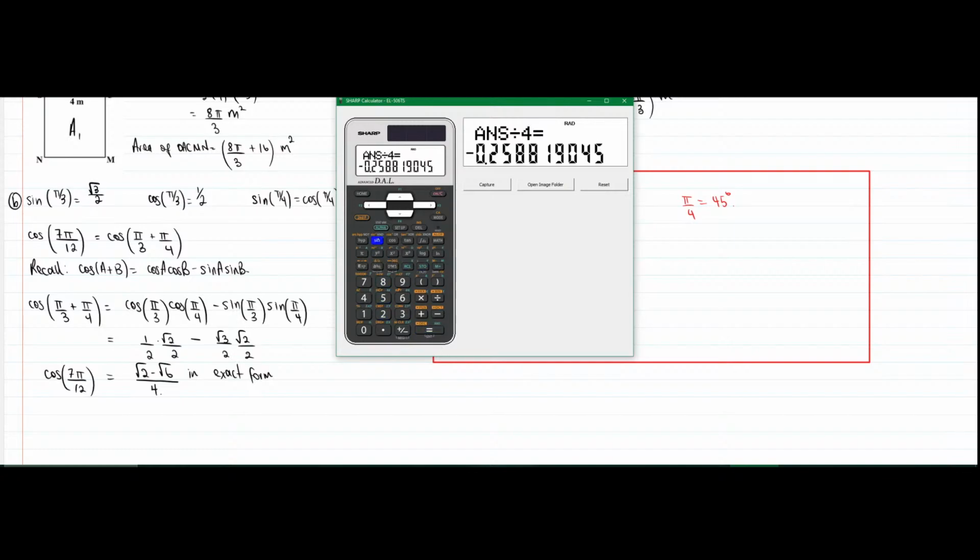Oh shucks, that is root 2. Didn't I put root 2? Root 2 minus root 6 divided by 4 is negative 0.25. Did I write it down wrong? Oh, I didn't put my brackets for the cosine, sorry.